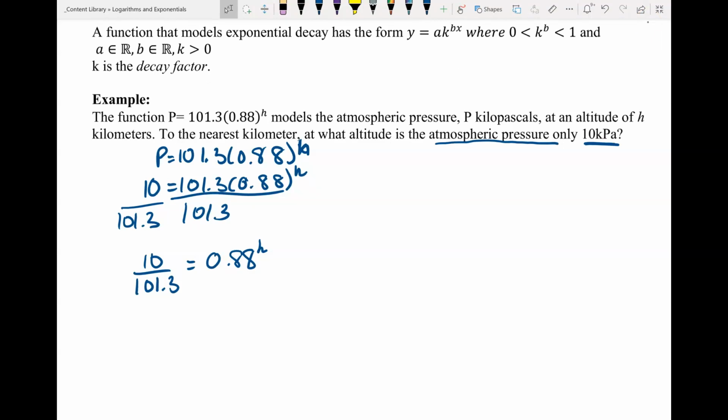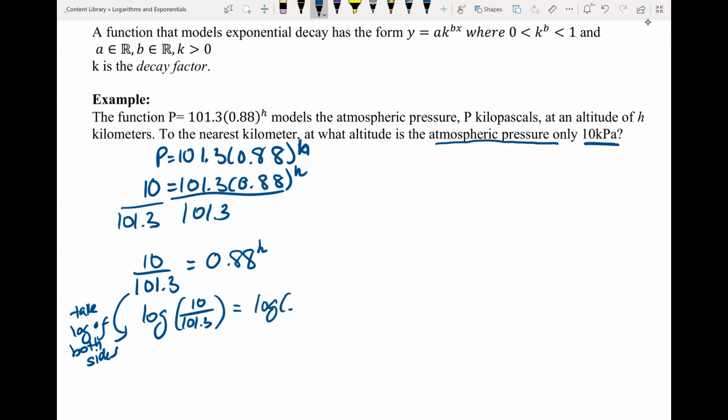And it is okay to put this into a calculator right away, but you do need to keep every single decimal place in because it will affect your answer at the end. My next step from here will be to take the logarithm of both sides so I can isolate h. So that's log 10 over 101.3 is equal to log of 0.88 to the power of h.